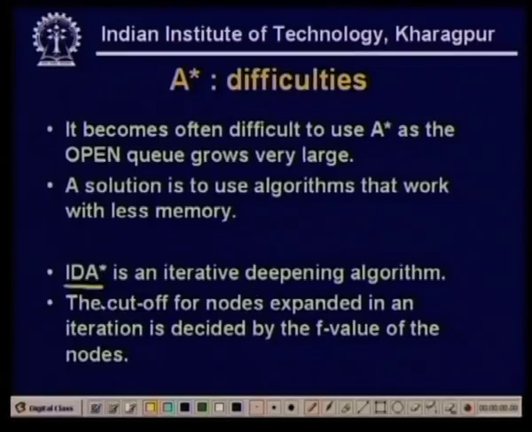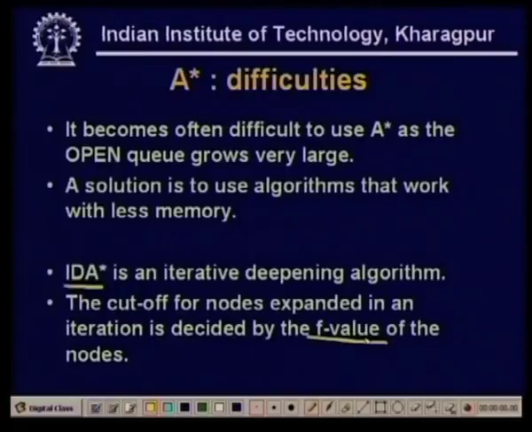So, if we use iterative deepening search, we can have an algorithm which works in linear space. However, iterative deepening A star is slightly different from iterative deepening search, actually very similar, where the nodes to be expanded in a particular iteration depend on the f value of the nodes and not on the level of the nodes. So, in iterative deepening A star, the cutoff for nodes expanded in an iteration is decided by the f value of the nodes.